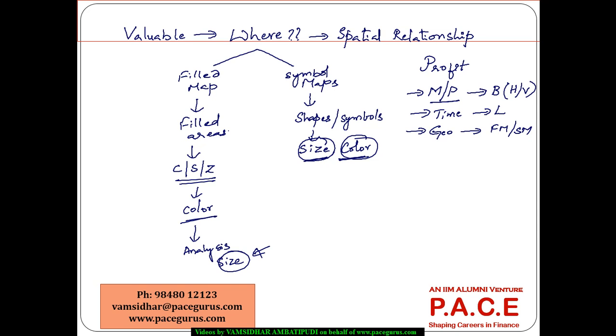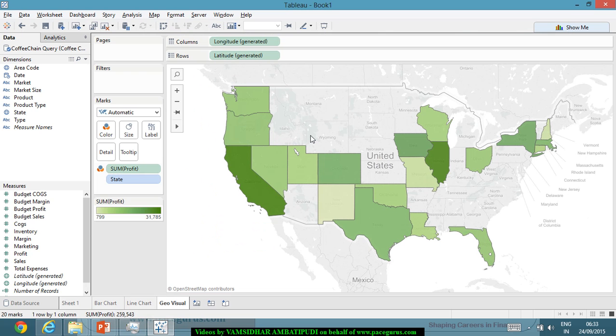Simple logic. Let's say instead of the state here, I want to do area-wise analysis. We have area code also, right? I really want to do an analysis area code wise. So from here I'm bringing the area code into the detail shelf.